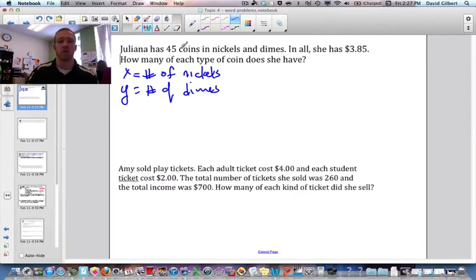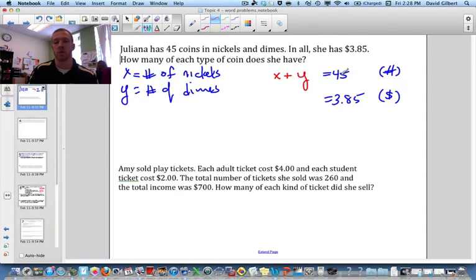Now we look for totals. She has a total of 45 coins and a total of $3.85. So we have money here and just number of nickels and dimes there. How do we obtain our totals in terms of our variables? This is number and this is number, so number of nickels plus number of dimes equals total number of coins.